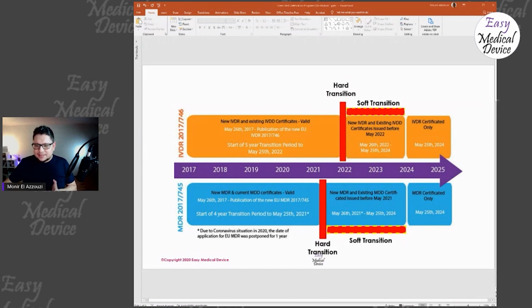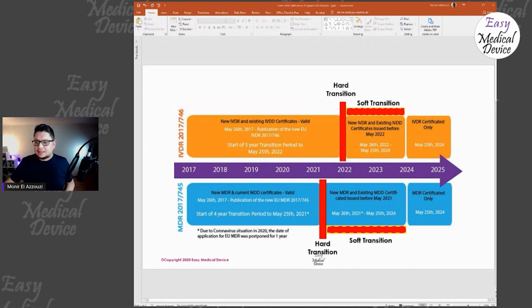You start here, you can sell it, but here you cannot sell it anymore because you are not EU MDR, because you don't want to invest in that. You have maybe just 1,000 units remaining, and you don't want to spend a lot of energy to make this product EU MDR. So by this date, it means that you cannot sell the product anymore. You have to destroy it.